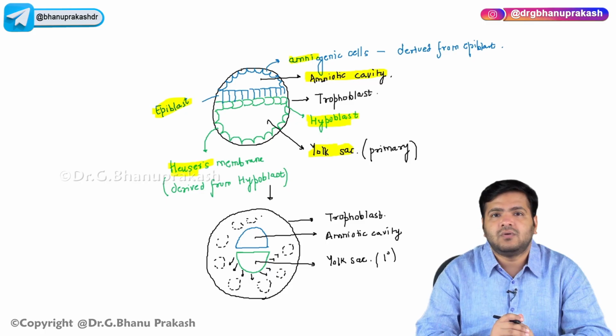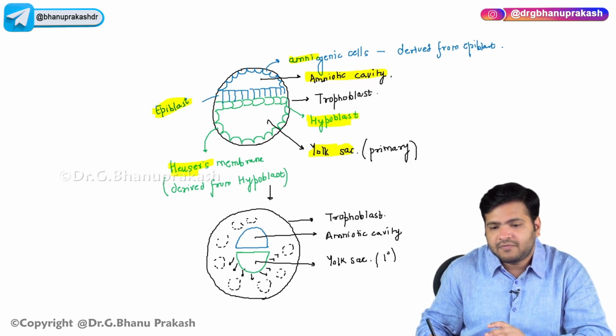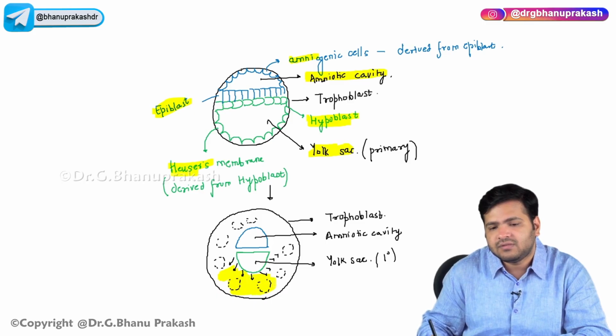Right. So yes, this wall of the yolk sac, these cells which are proliferating outside, they will give rise to the mesoderm which is outside.